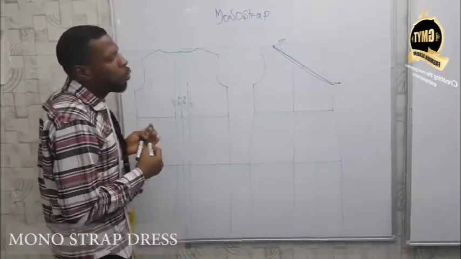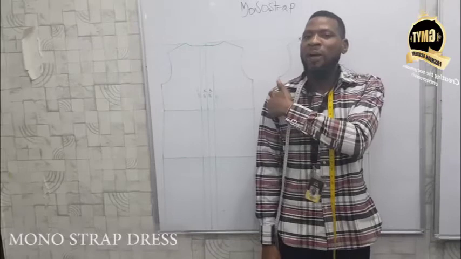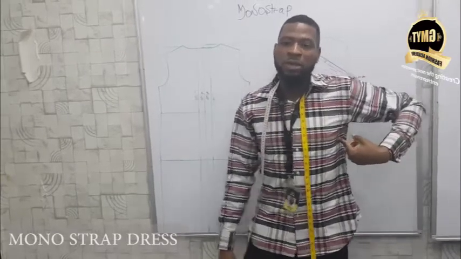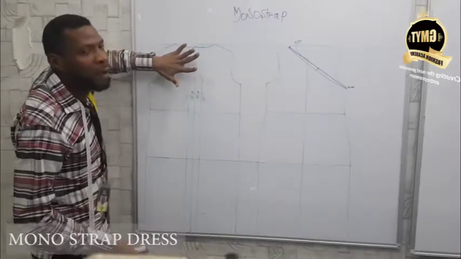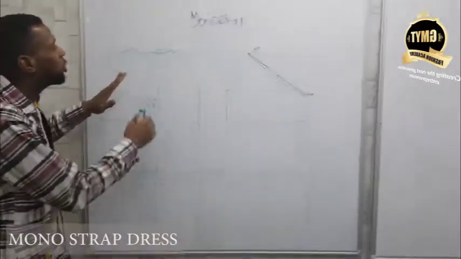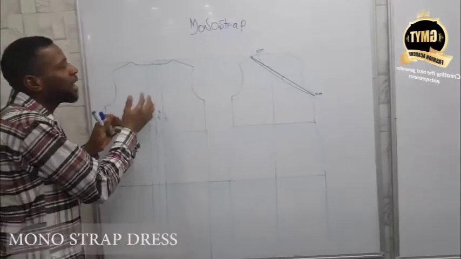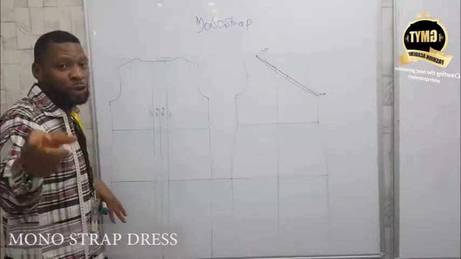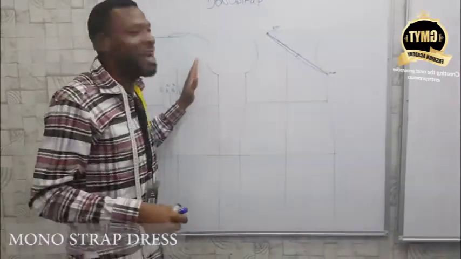So now one thing you should understand is that my monostrap is from my right slanting towards the left, right? So it shows that when you're doing the back, you don't drop the pattern, the back facing you. Though my illustration is going to show you that, and I'll explain that for you to get clarity of my explanation.